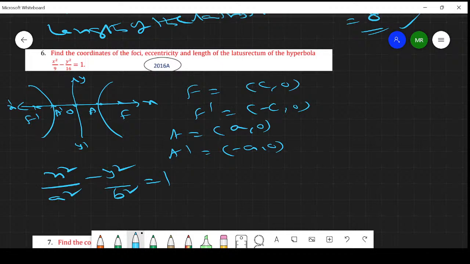AA dash is called the transverse axis, and its length is 2a. And suppose somewhere there is BB dash; they will say conjugate axis. So let this be B, and this is BB dash. This is called the conjugate axis.